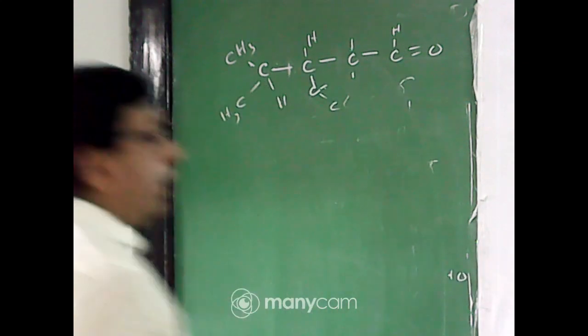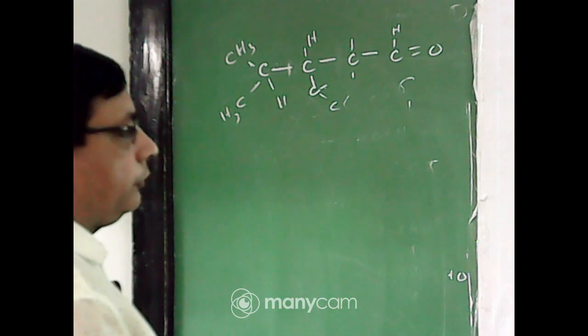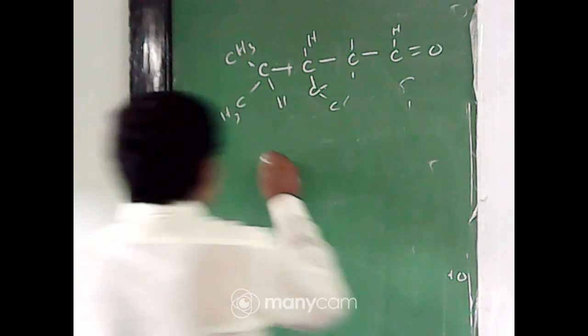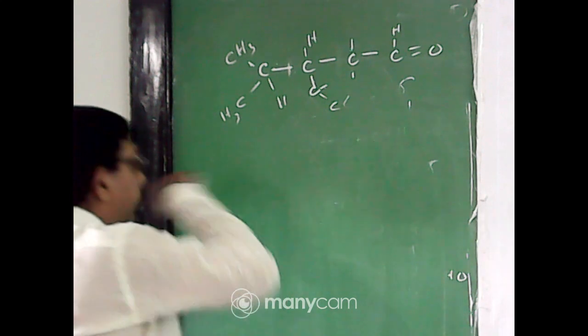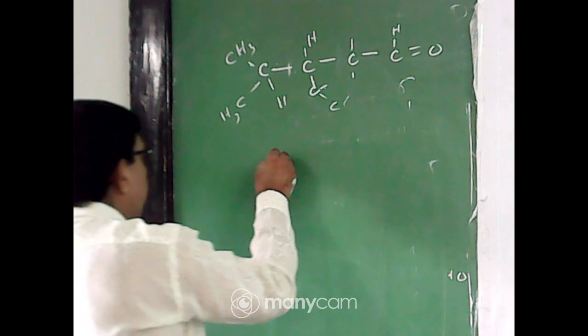Now, have you understood how to find out the number of sigma bonds and pi bonds in benzene related compounds? Say, I have given one compound. You only try to find out the number of sigma bonds and pi bonds and tell me the answer.